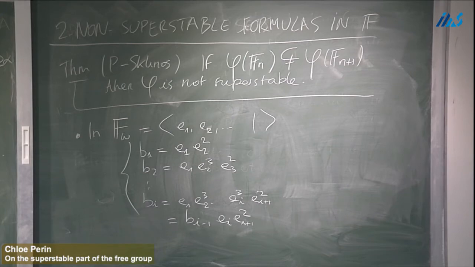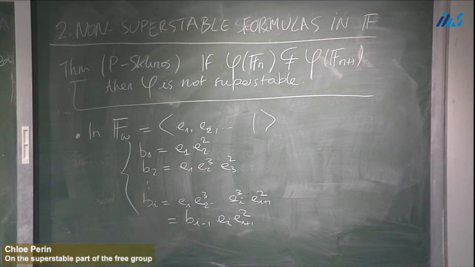The relation that will be important for us is that if you take BI minus 1 BI and EI plus 1 minus 2, then this is equal to EI.